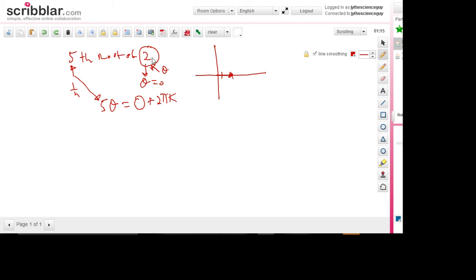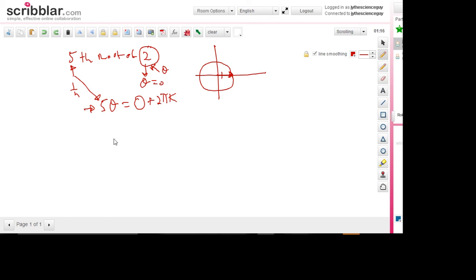The pattern is going to repeat itself every 360 degrees. If I have my 2 and it's originally there, the pattern doesn't repeat itself until I go all the way around the circle. And how many degrees is all the way around the circle? 360. Another way of saying 360 in radians is 2 pi. So to plug into that formula, I have to solve this equation for theta.